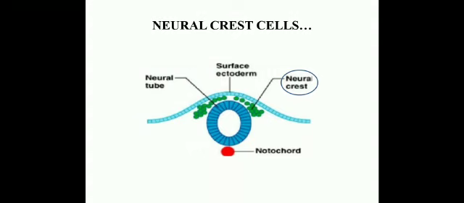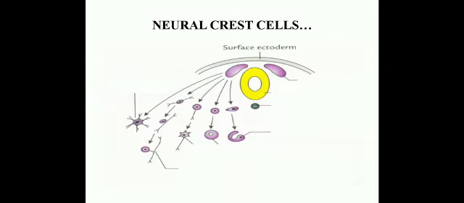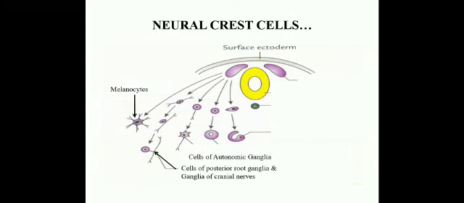These neural crest cells differentiate to form different structures that include the melanocytes, the cells of posterior root ganglia and the ganglia of cranial nerves, the cells of autonomic ganglia, cells of the adrenal medulla and the Schwann cells. These are the derivatives of the neural crest cells.